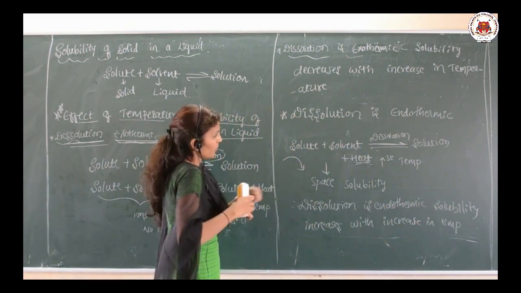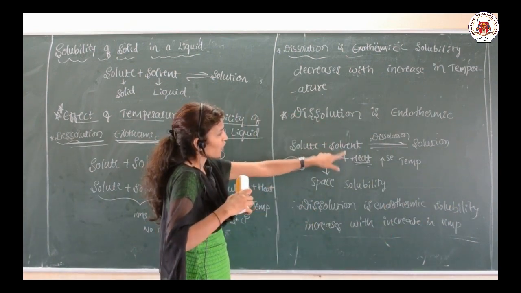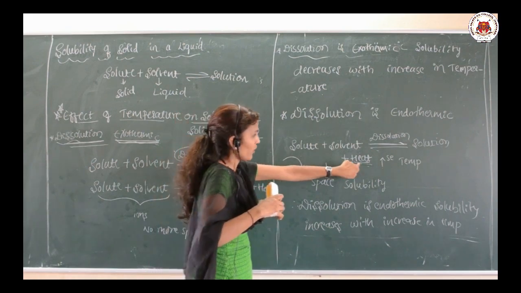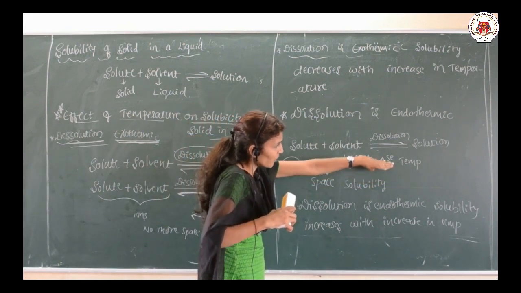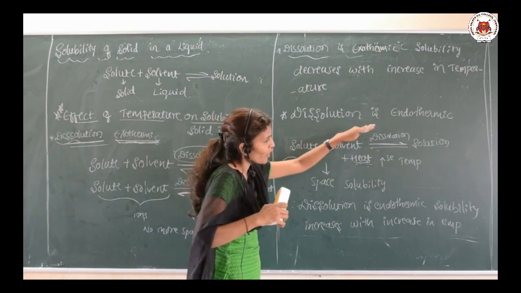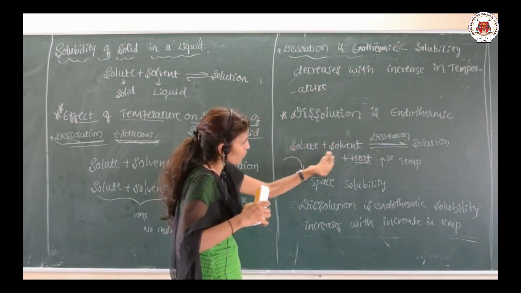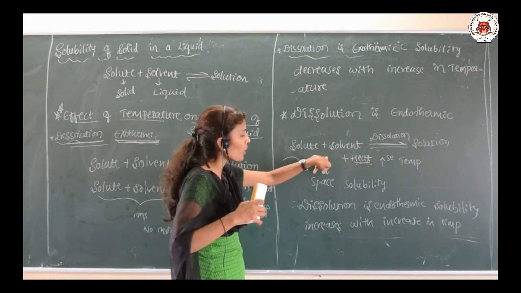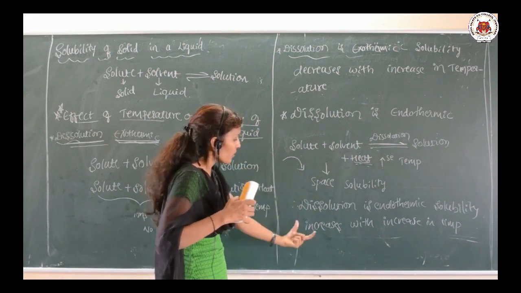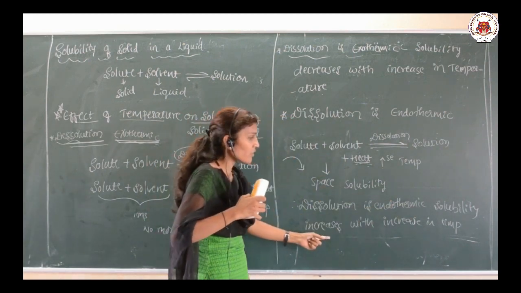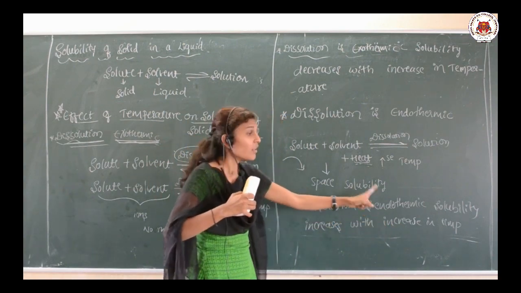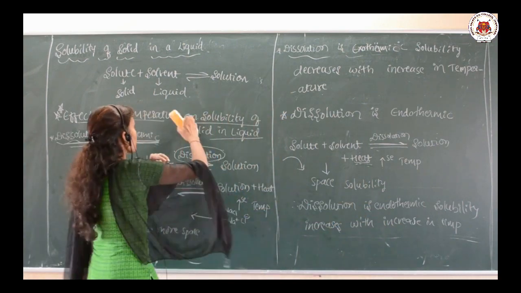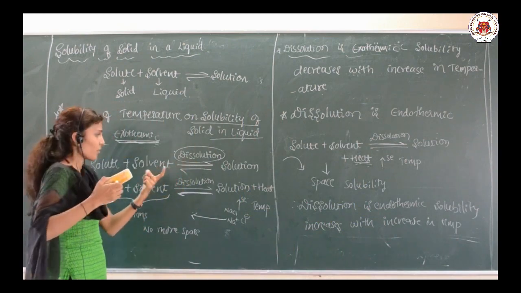Are you getting it? So, when the dissolution is endothermic, it absorbs heat, then we are going to increase the temperature. More forward reaction occurs, there is more space towards the reactant side. So we can make other ions get soluble here. That is why the solubility increases with increase in the temperature. Okay. I hope you understand the concept.